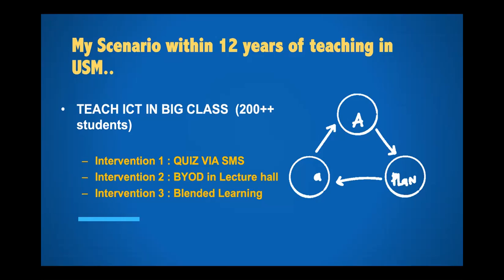And we also have students from the School of Humanities. They are also not into ICT, but ICT is their compulsory elective. They will look for whichever courses are ICT for them to take. That's why my class became bigger and bigger and bigger.